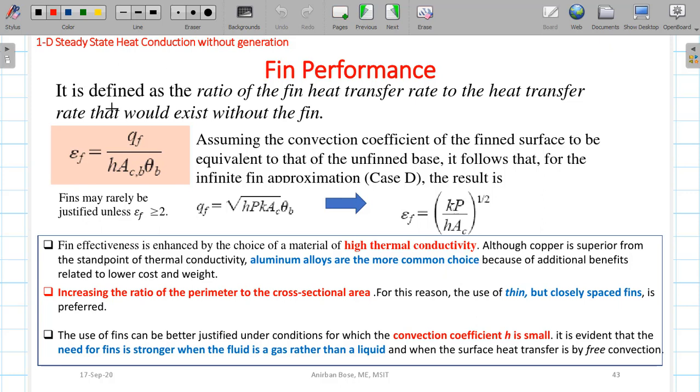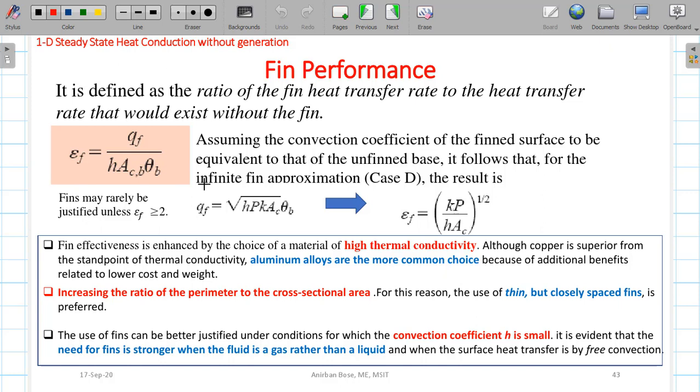First we will see whether the fin is at all effective or not in a particular situation, the effectiveness, and secondly we will see another fin performance parameter, which is the fin efficiency. That means how efficient a particular fin is. So two things we are going to see under the category of fin performance: first the effectiveness, and second the fin efficiency.